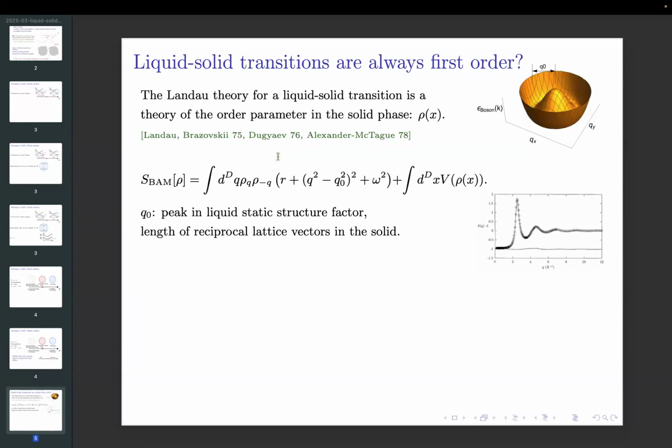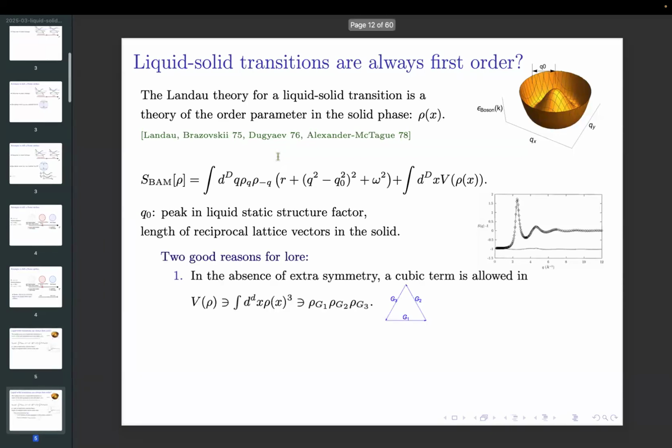Beyond that, it picks out some particular Q directions and condenses those, and thereby forms a solid. The key point is that at the critical point, it hasn't yet decided in which directions the crystal axes point. So that's the Landau theory. Now, why is it wrong? Why is it not the right critical theory? Well, there are two good reasons for the lore that such a transition is always first order.